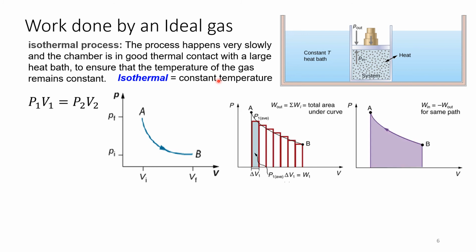However, we can understand that if the gas expands isothermally from state A to state B, then the work done by the gas equals the total area under this PV curve as shown in this picture. If the process is reversed and the gas changes from state B to state A, then the absolute value of the work is still the same area, but the sign is negative.